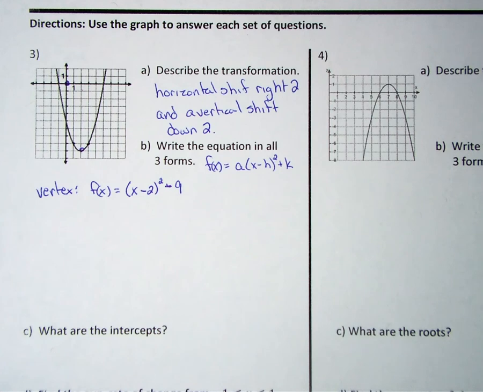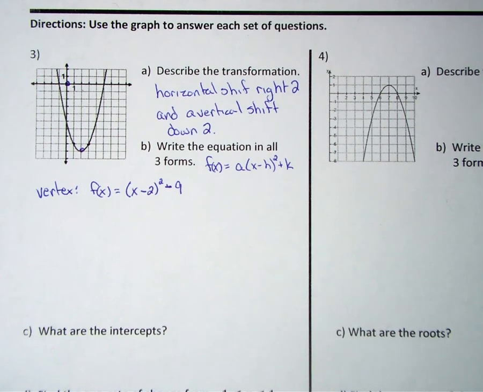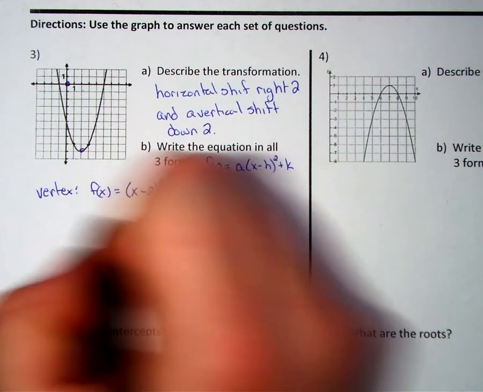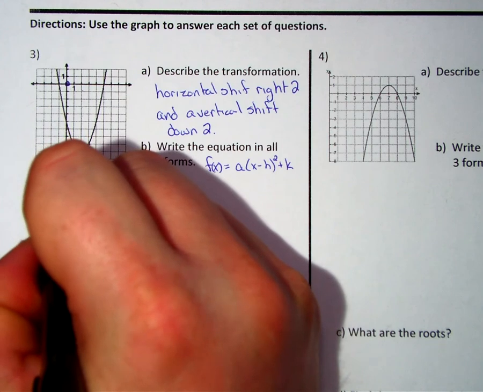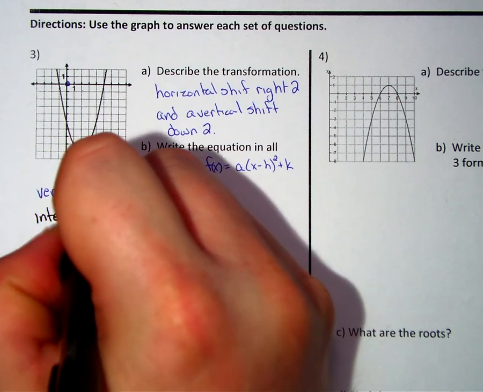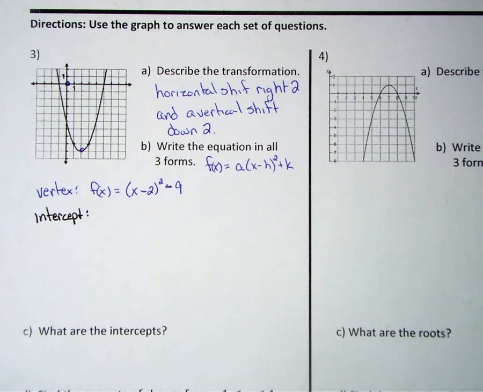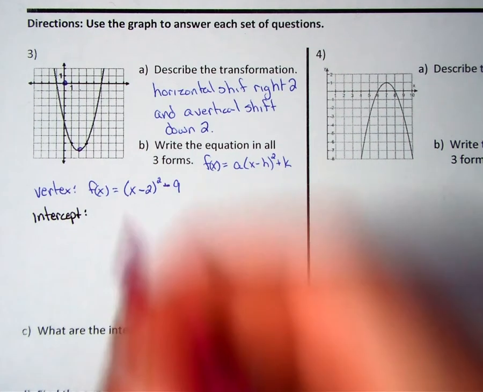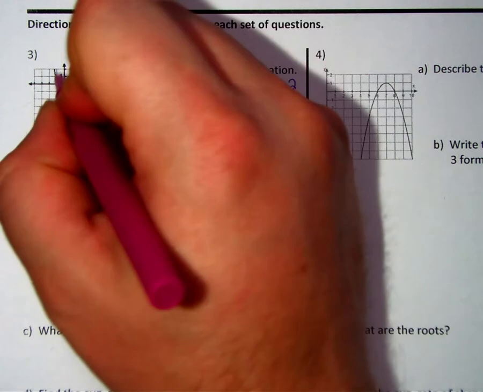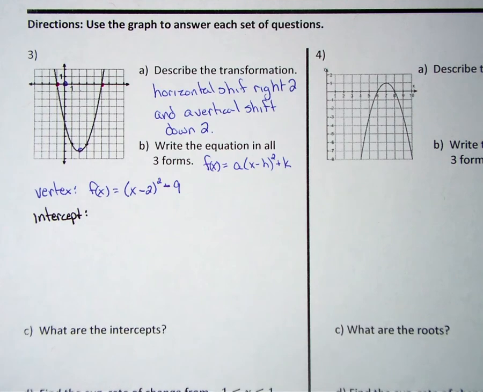Now, the other one I tend to prefer to be able to do, since we're dealing with a graph, is intercept form. Now, the reason I like intercept form is, notice, we've already got our intercepts identified on this graph. They intersect at nice, pretty points.